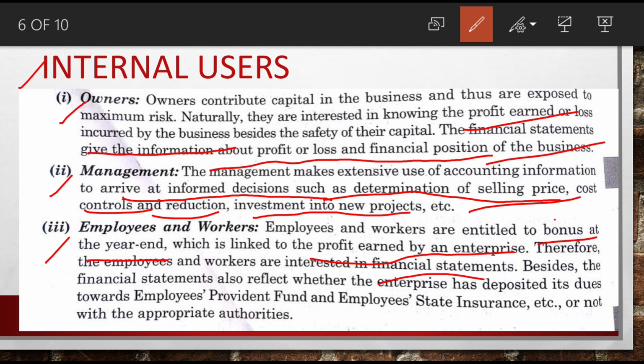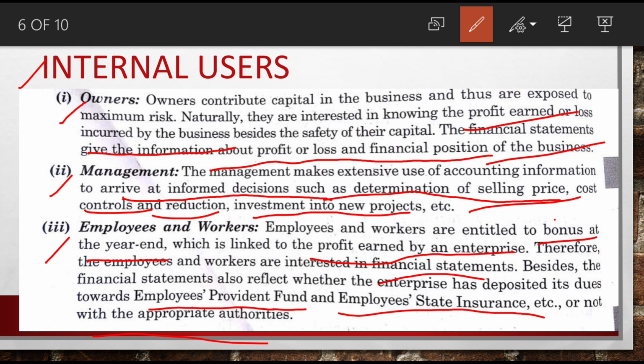Besides, the financial statement also reflects whether the enterprise has deposited its dues towards the employees' provident fund, employees' state insurance, etc., with the appropriate authorities or not. It is not only about getting their financial benefit; in addition, they can analyze whether the business is contributing PF and other things related to the employees in proper time or not.